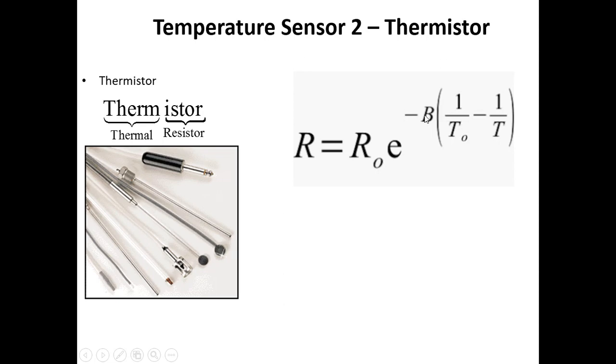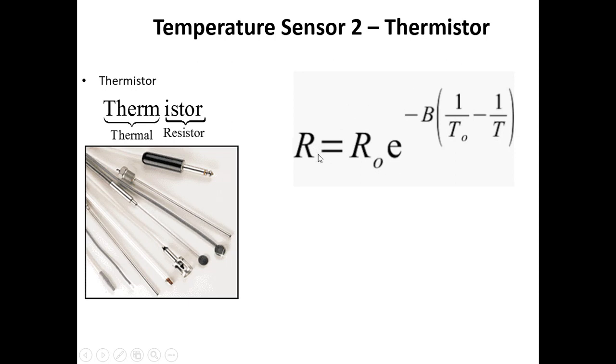Beta is a constant for a specific thermistor, and T is the actual temperature that we want to measure. T0 is the reference temperature and T is the actual temperature.